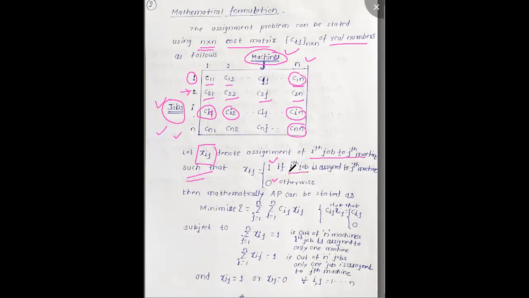When we assign ith job to jth machine, in that case the value of xij is 1, and when ith job is not assigned to the jth machine, then the value of this variable is 0. So it takes only two values. One, when we assign ith job to jth machine, otherwise its value is 0. So this is a variable in the problem. Then mathematically, the assignment problem can be stated as minimize z.